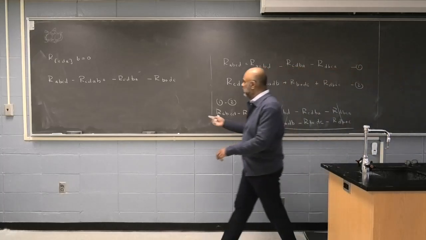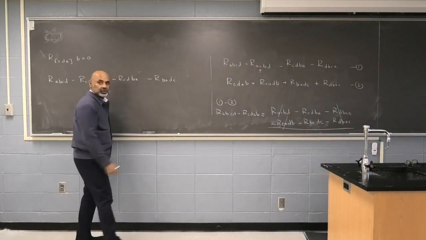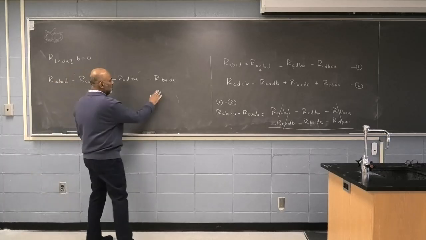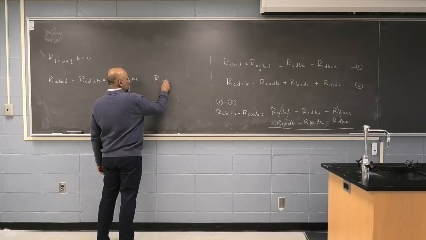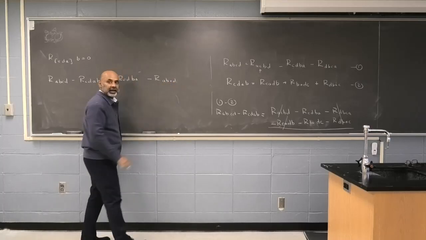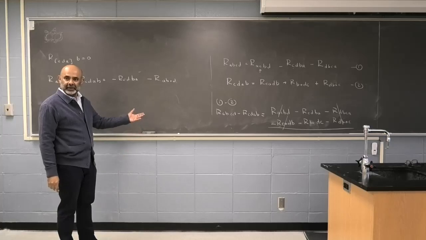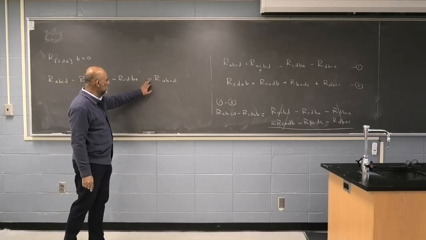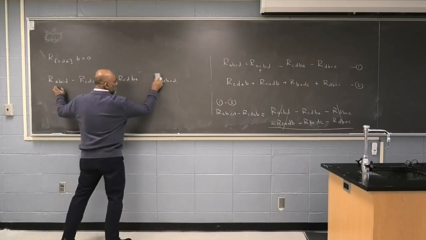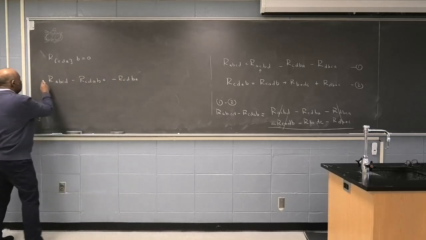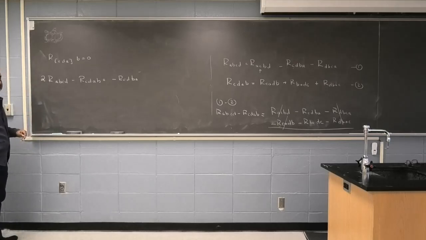I'm going to swap these two and these two. So when I swap here, it becomes just A, B, C, D. In each pair, I get a negative and negative. Negative and negative becomes a positive. This is the same as that, so I bring it to the other side. So I erase this and make it a 2.